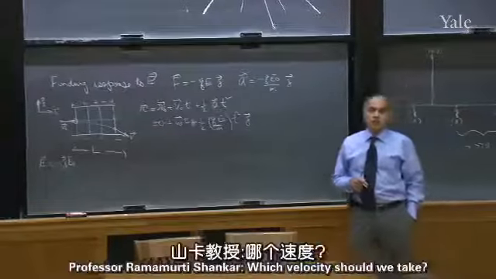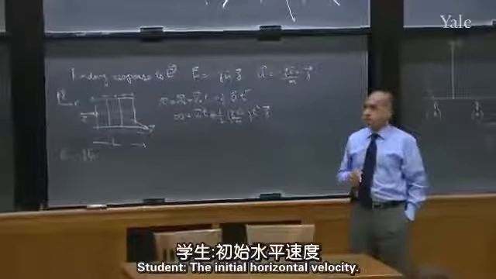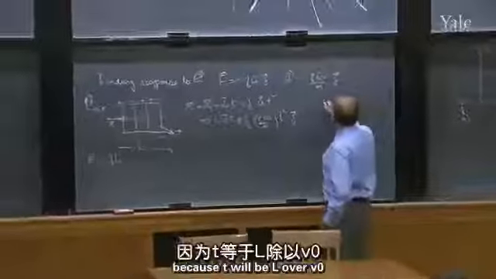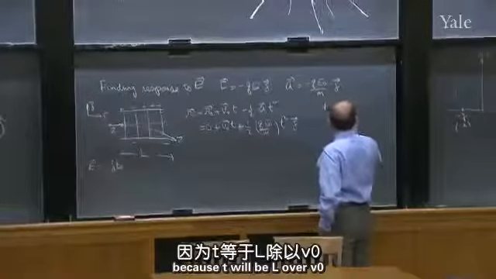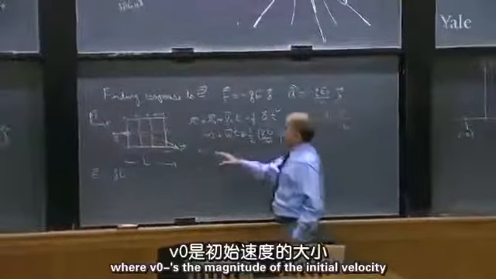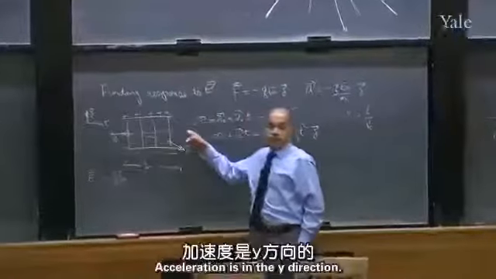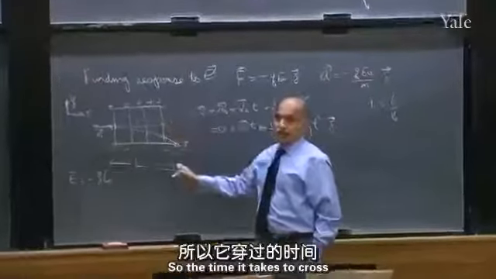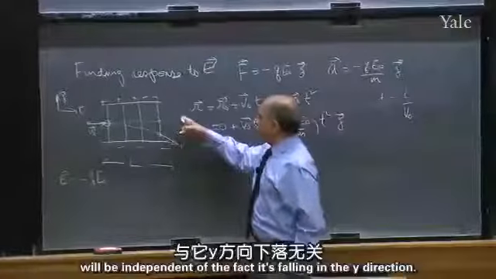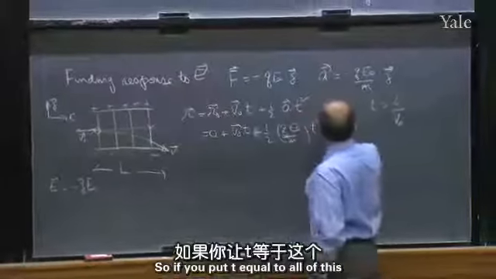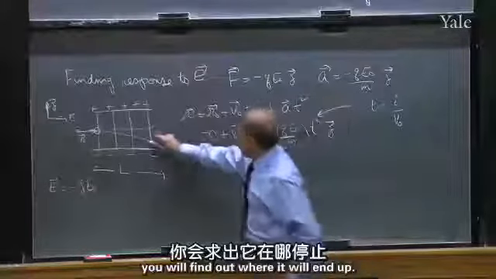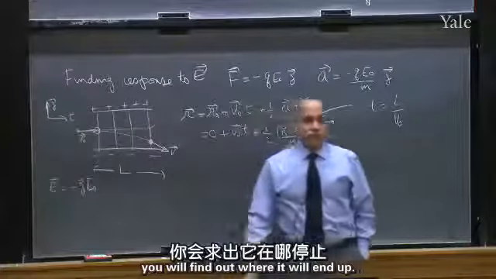Which velocity should we take? The initial horizontal velocity. That's correct, because t will be L over v0, where v0 is the magnitude of the initial velocity, because x velocity is never changing. Acceleration is in the y direction. So the time it takes to cross will be independent of the fact it's falling in the y direction. So if you put t equal to all of this, you will find out where it will end up.